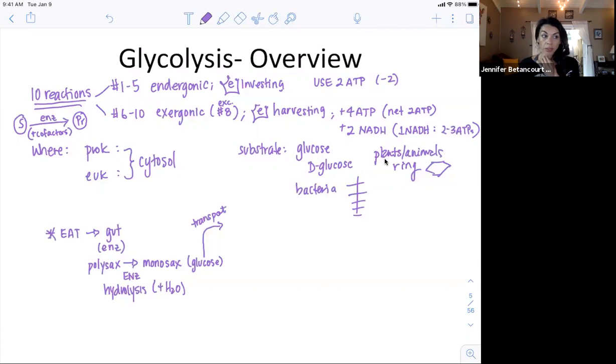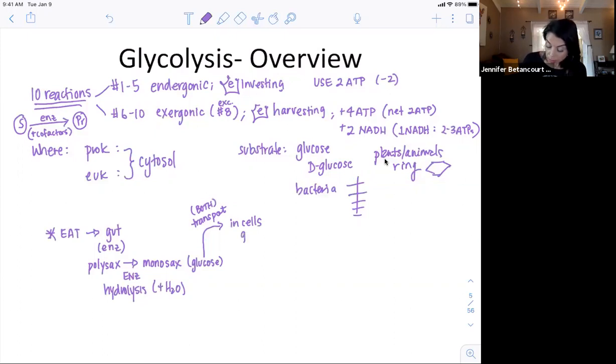And so during different steps of digestion, it uses passive transport, and other times it uses active transport. And the details there are important, but I don't want to spend too much time in this class going over them, but we can talk about them in office hours if you want. But both types of transport are used so that glucose gets into the cell. Okay, so now it's in cells, and now glycolysis can occur.